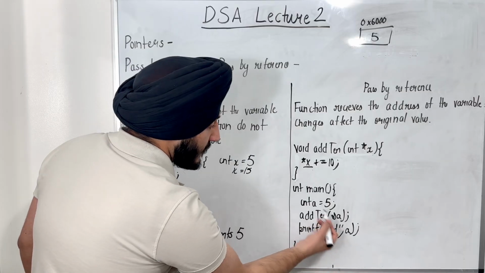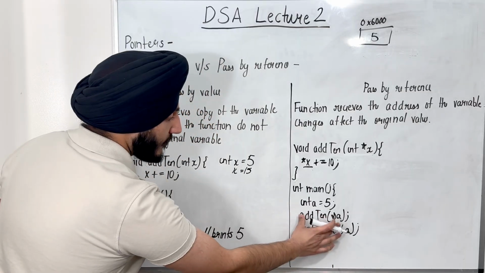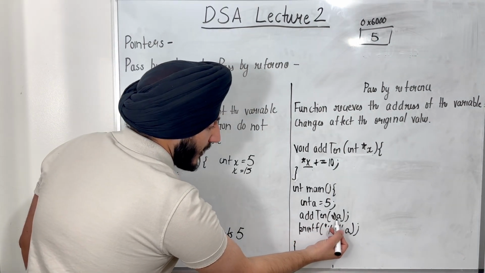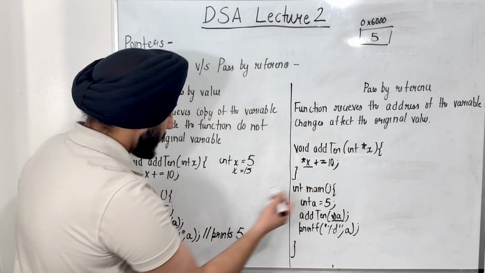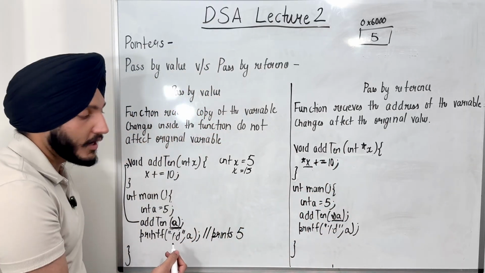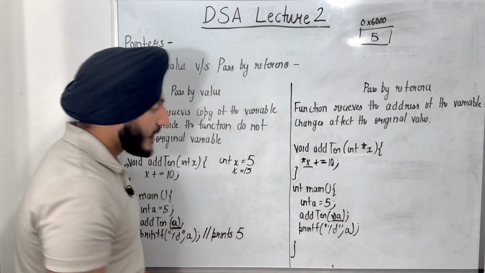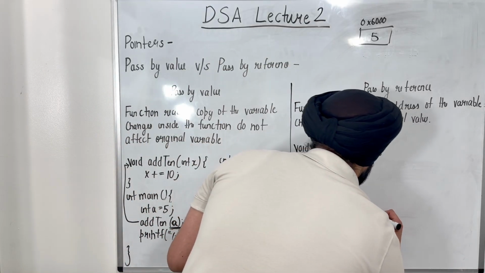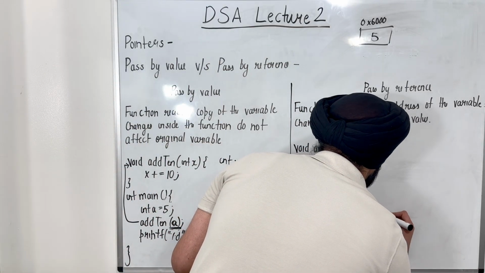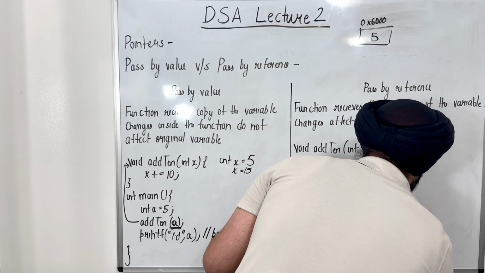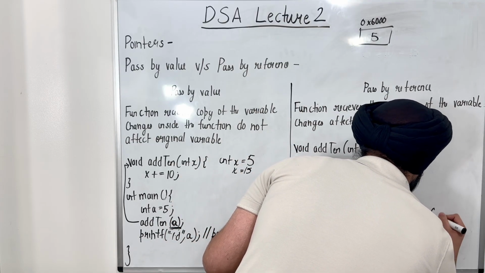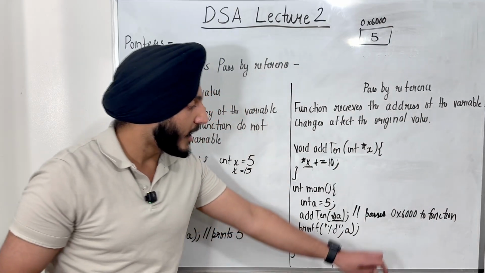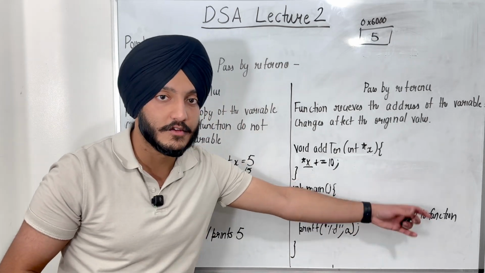Now if you look at this part over here, there's a specific difference between both of these code snippets. In this case, I'm actually passing the address of a to the function, but in the previous case I was just passing the value. When I pass in the address of a, it actually passes the value 0x6000 or whatever the address is to the function.